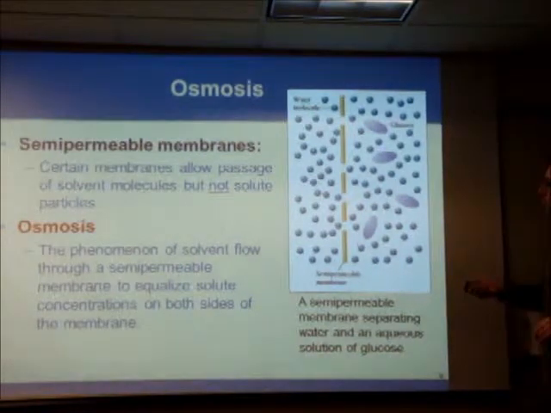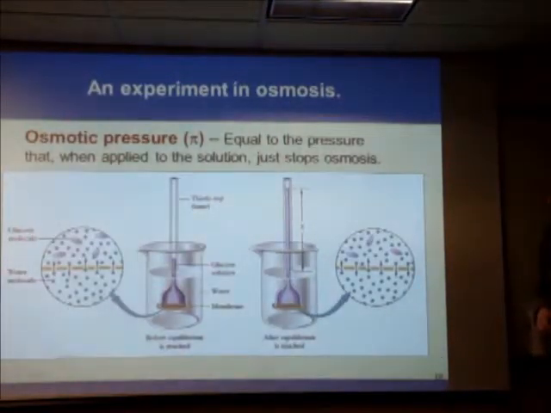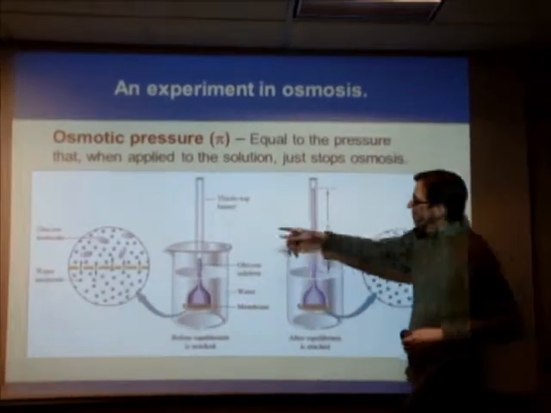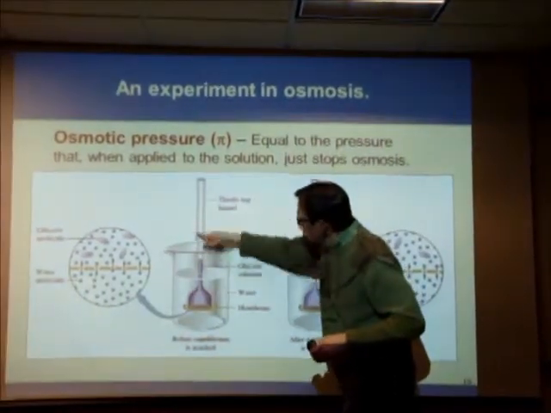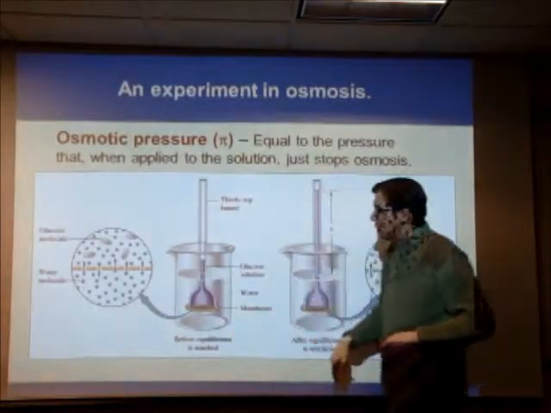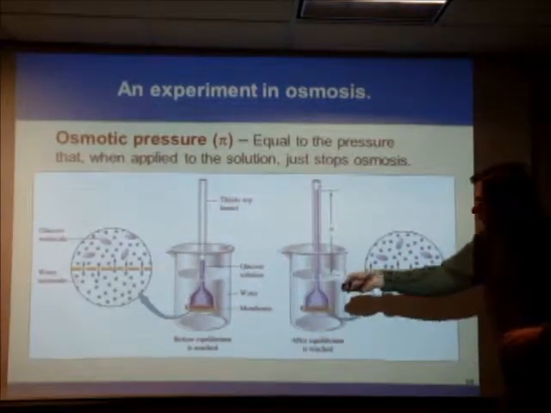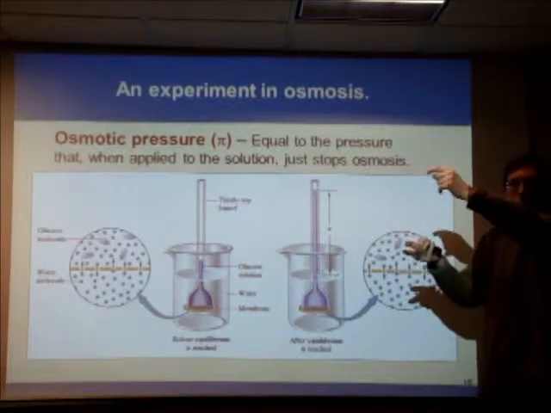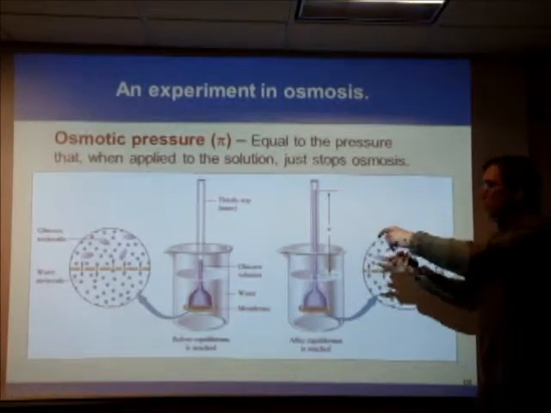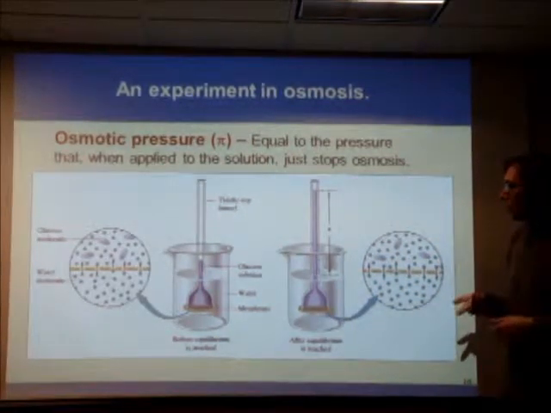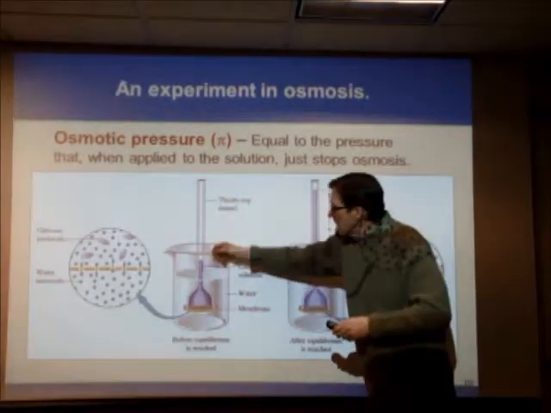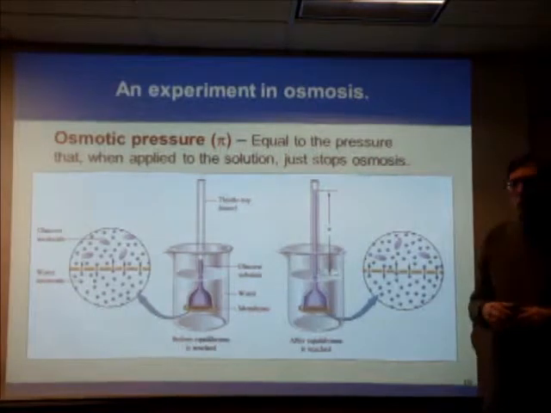And a great experiment for this, I don't know if you saw this when you took your anatomy and physiology, is you take a thistle tube. This is a thistle tube funnel. And you can attach a semi-permeable membrane to this end of it. So you take the funnel, usually you hold it like this. You fill it up with molasses or a glucose solution. You put the semi-permeable membrane on it, and you stick it down into a beaker of water.